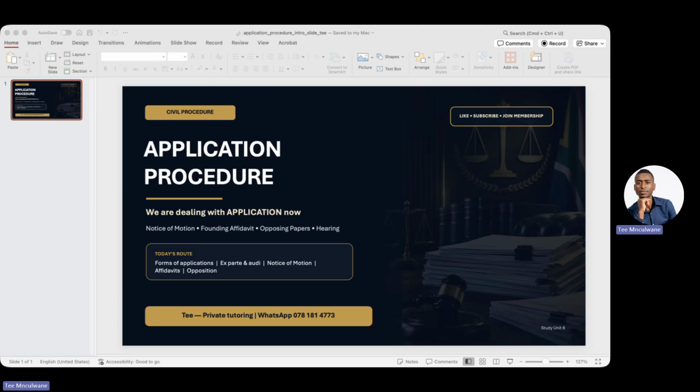So the two most important forms are on notice applications and ex parte applications, right? The on notice application is an application where a notice is given to the respondent. So, in simple terms, the other side is told someone is asking the court for an order that may affect you. Here are the papers. You have a chance to oppose. This is the normal form of application.